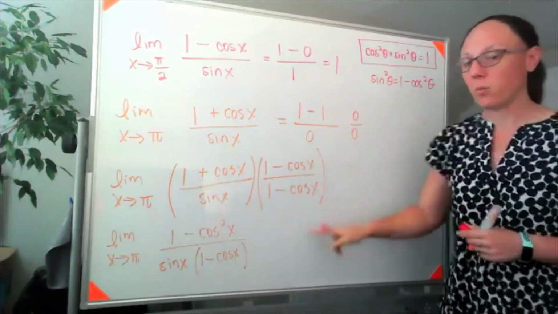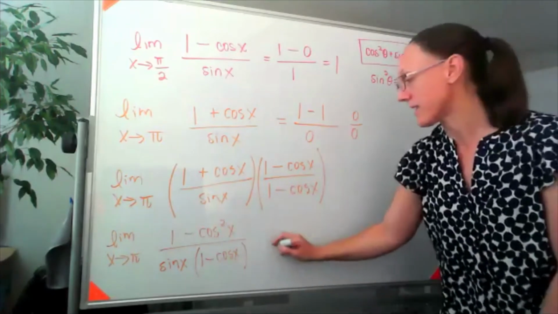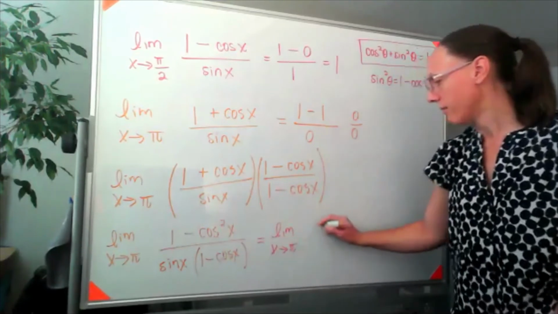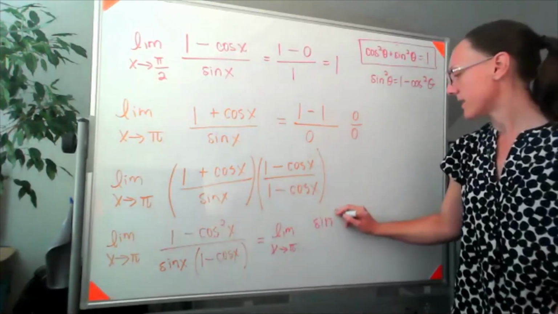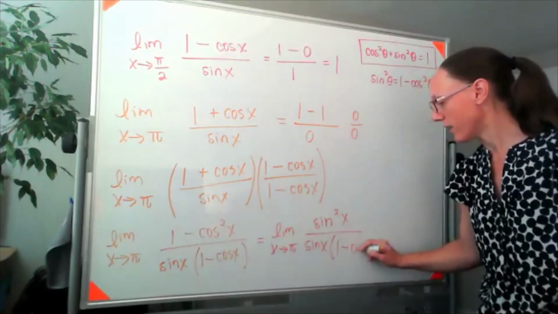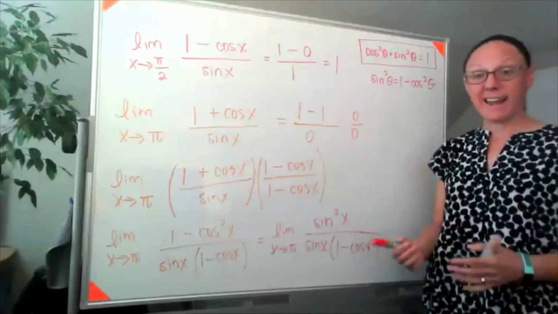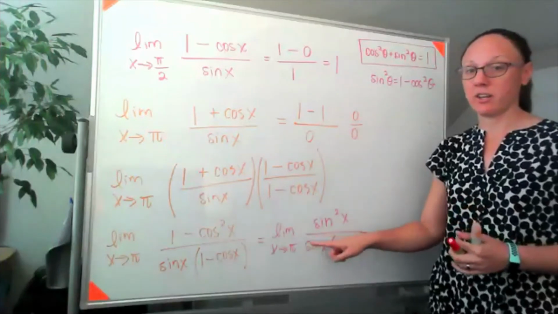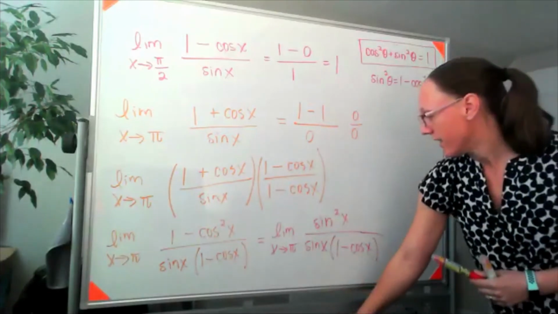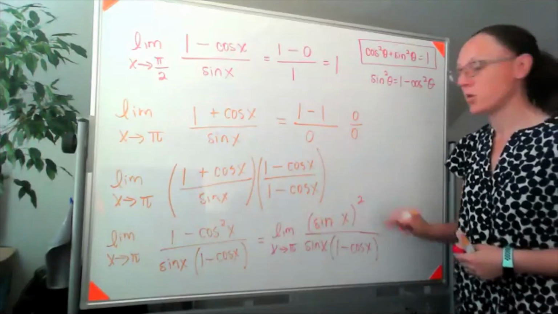So I can replace that 1 minus cosine squared x on top, and I can turn this into the limit as x approaches pi of sine squared x over sine x times 1 minus cosine x. Now, remembering that this notation of sine squared x, that's how we read it, really means that I have sine of x, whole thing squared.